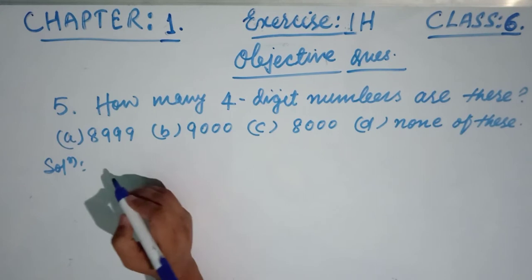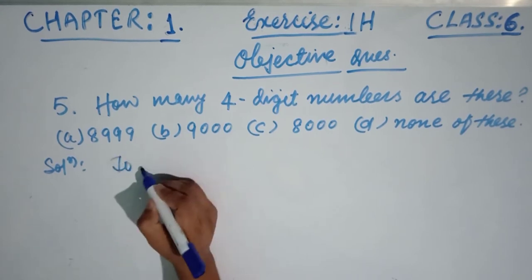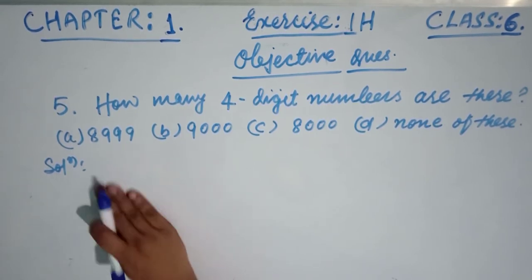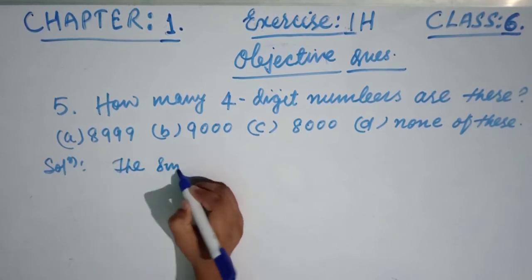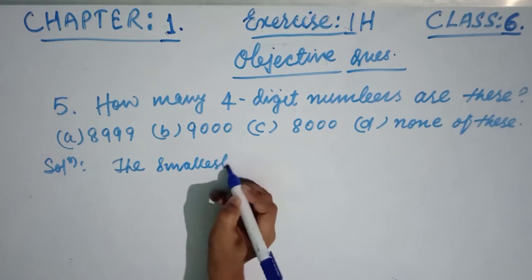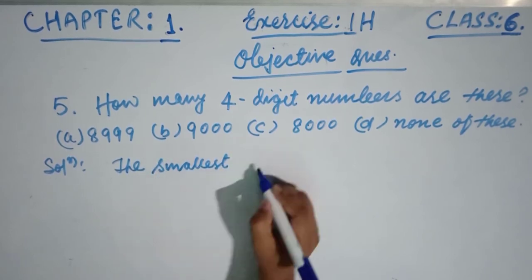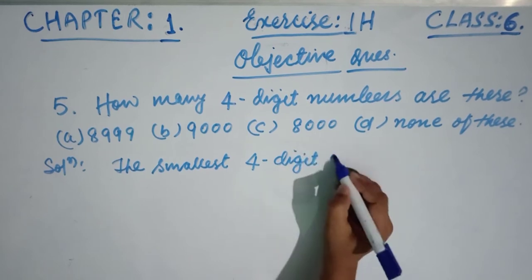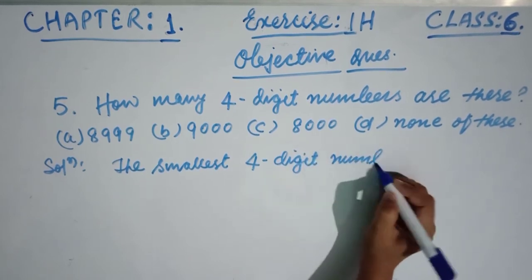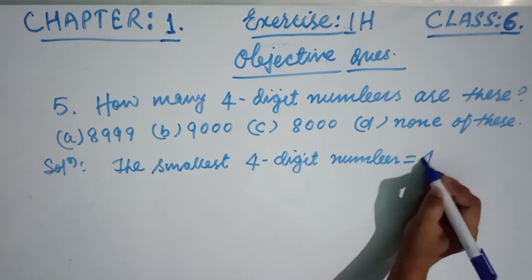First write the smallest 4-digit number, 4 and 3 times 0.